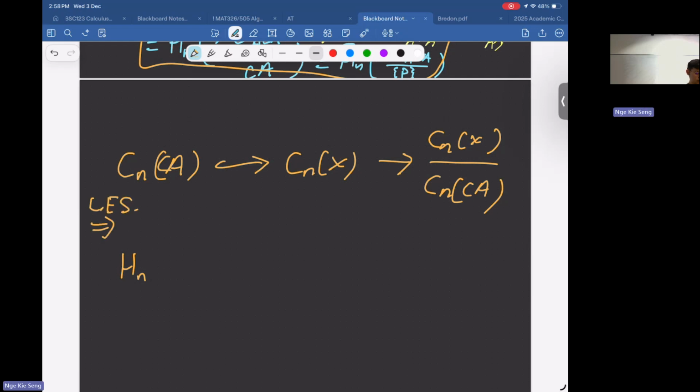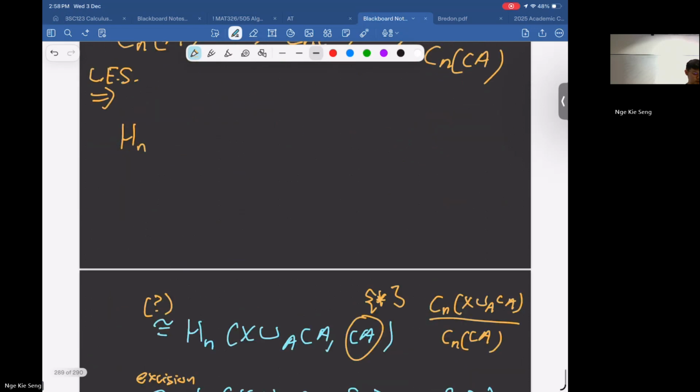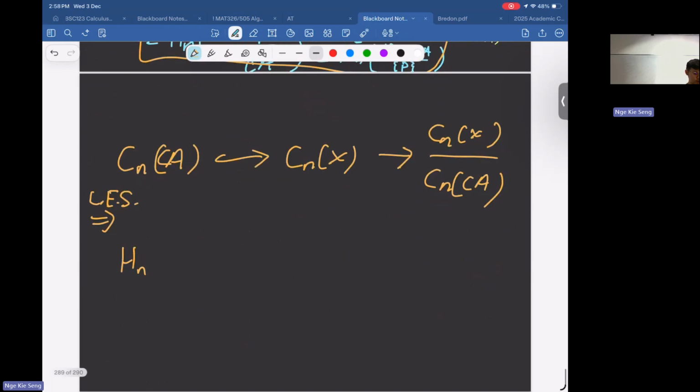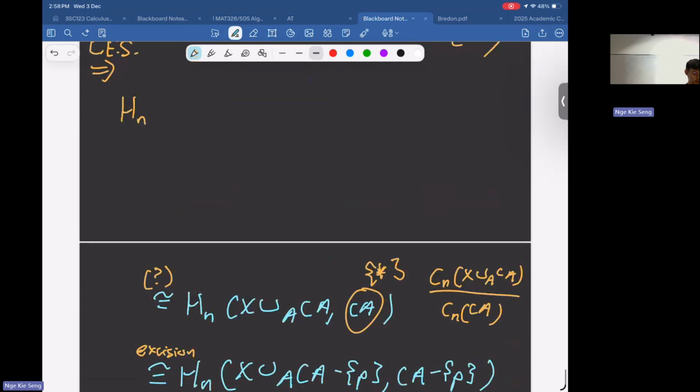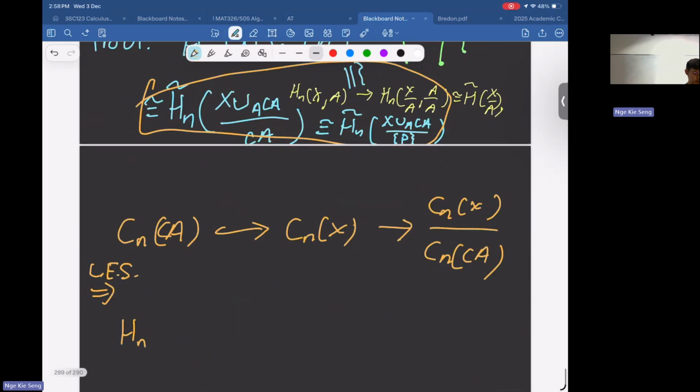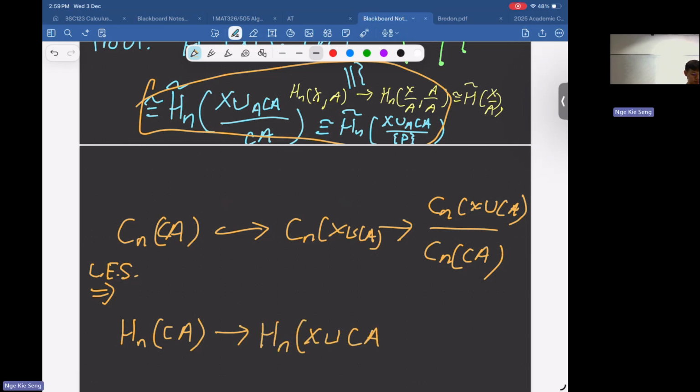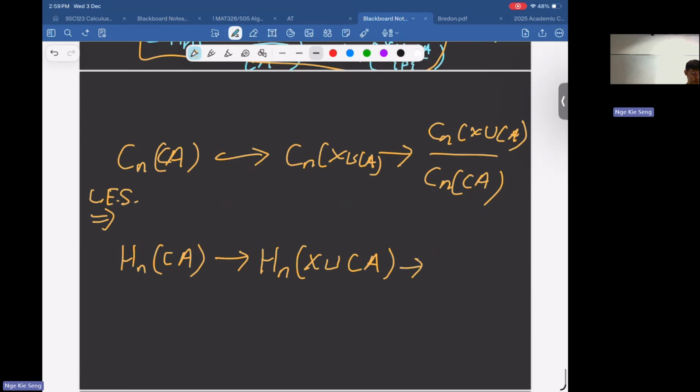This one induces a long exact sequence on homology, which could be reduced as well. Okay, so we get the reduced homology of CA, then H_n of X union CA, and then H_n of X union CA relative to CA, like that.